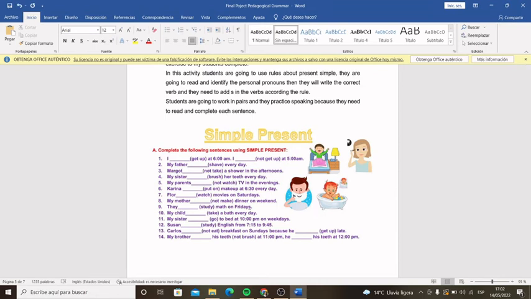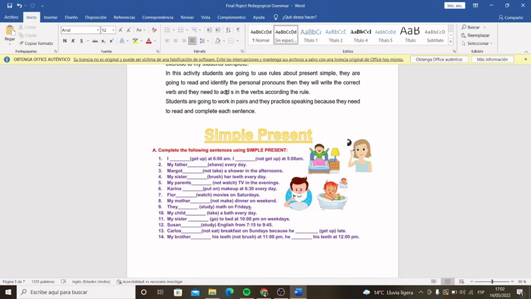Okay, do you remember? In the present simple, we need to add the s when we have the third person of the singular. Students are going to work in pairs, and they practice speaking because they need to read and complete each sentence. In this activity, students read one sentence.